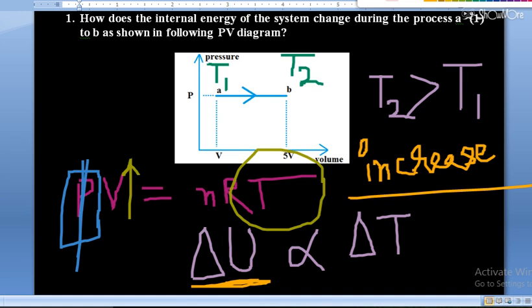I hope it is clear. If anyone has a doubt, he or she can ask. So this is question number 1, and I am repeating again: internal energy of the system will increase during this A to B isobaric expansion process.